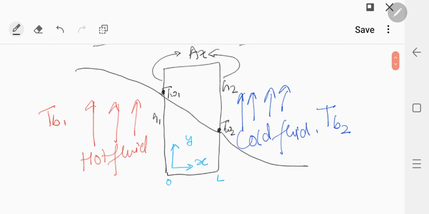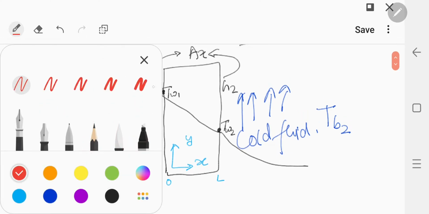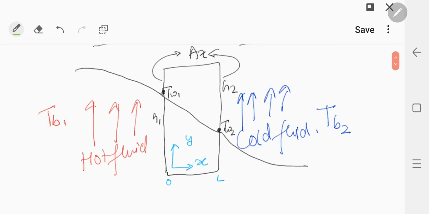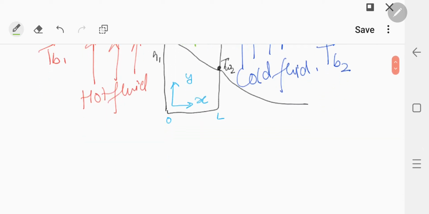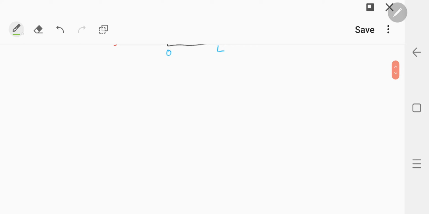Now for this system, let's consider a small shell of thickness delta x, and we're going to apply the energy balance, that is input minus output plus generation equal to 0 under steady state conditions.